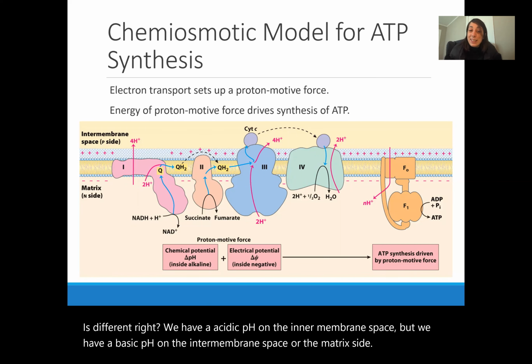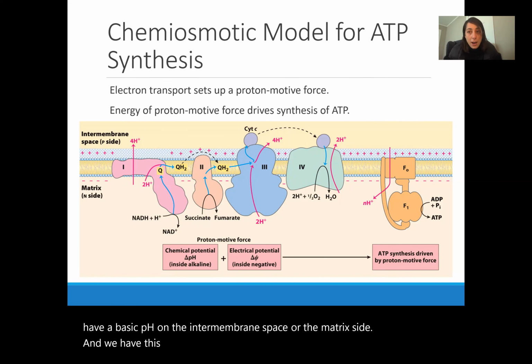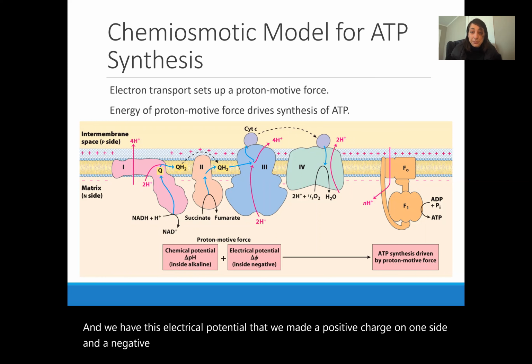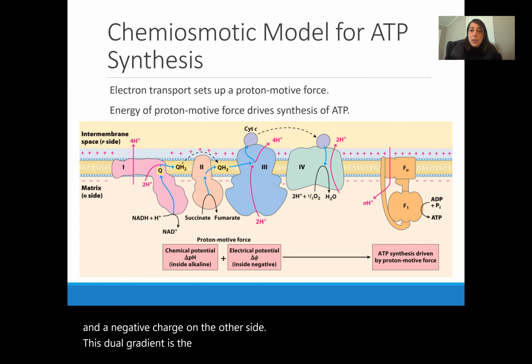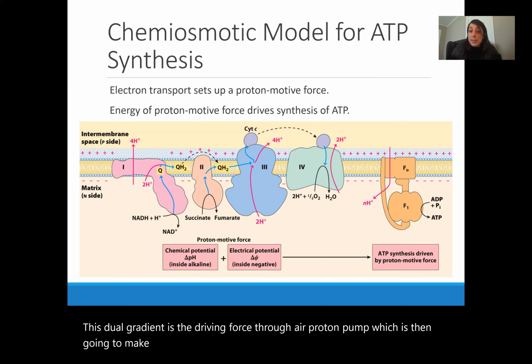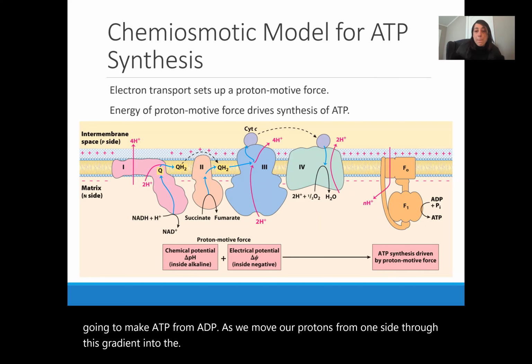And we have this electrical potential that we made, a positive charge on one side and a negative charge on the other side. This dual gradient is the driving force through our proton pump, which is then going to make ATP from ADP as we move our protons from one side through this gradient into the other side.